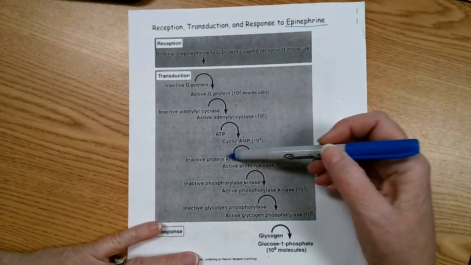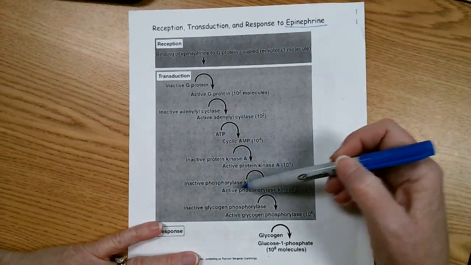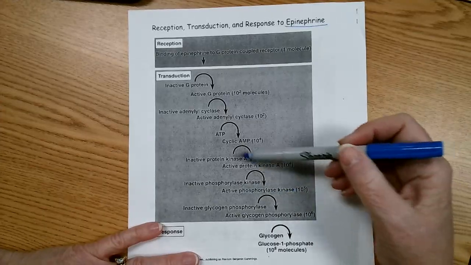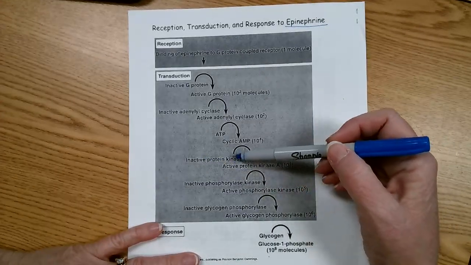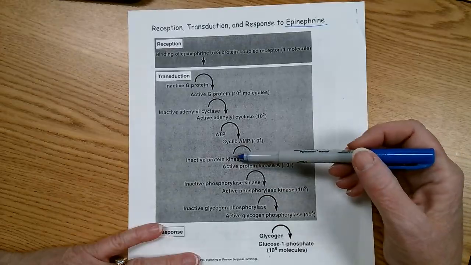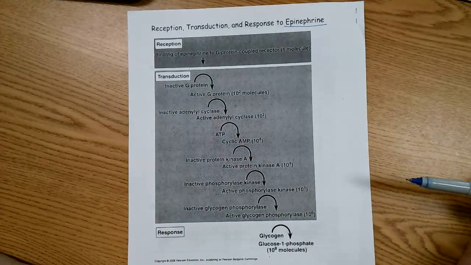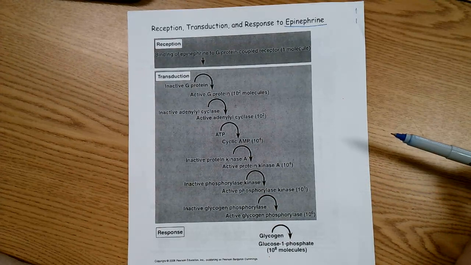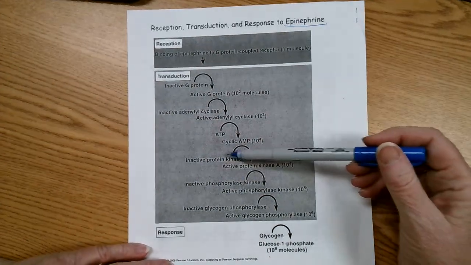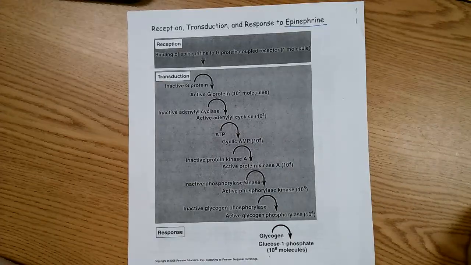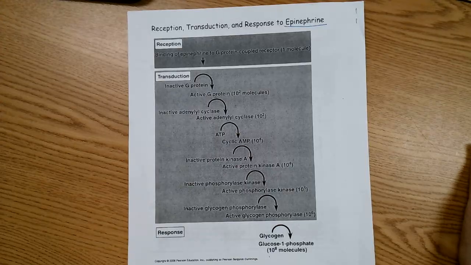Okay, then we see a lot of these protein kinases. Okay, phosphorylation. Now these are going from inactive to active, and they're not naming them anything in particular. They keep calling them protein kinases because this is one of the first signal transduction pathways, and they called all these active molecules protein kinase, protein kinase. But now we have a million and one protein kinases out there, so they're starting to rename them for the different molecules that they are.